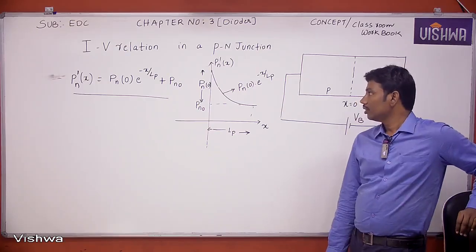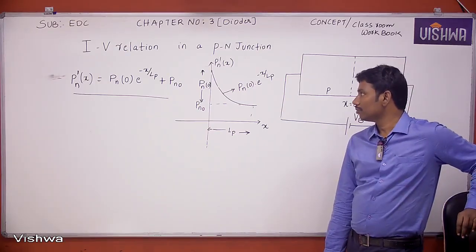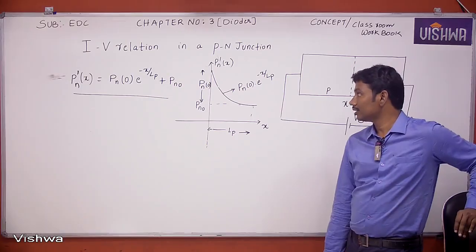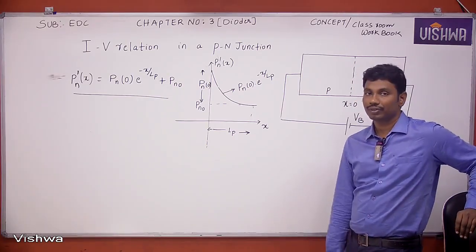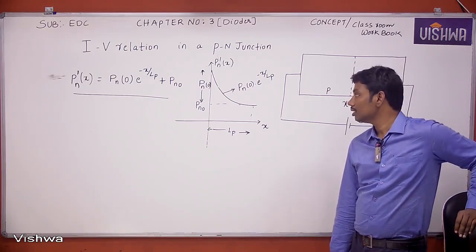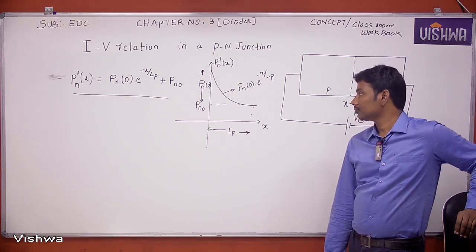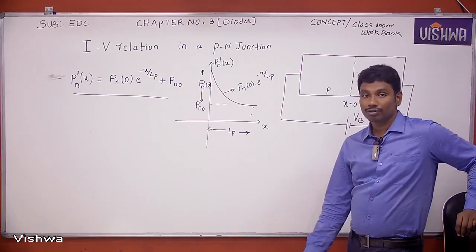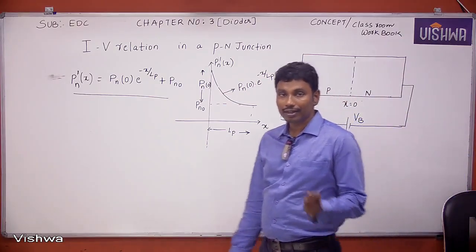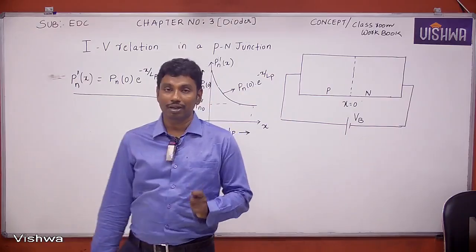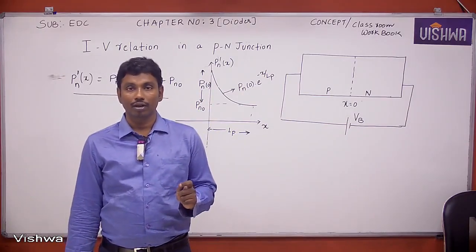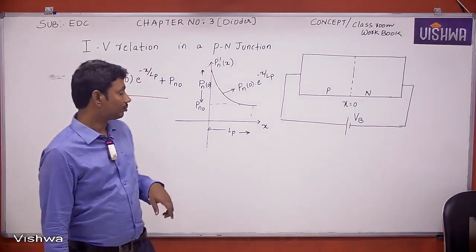Therefore, the net hole concentration is the sum of thermally generated hole concentration plus injected hole concentration.